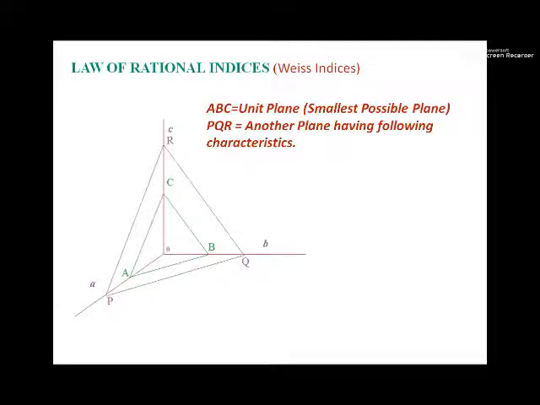That this plane is the unit plane, because you take a unit A distance from the origin to draw this point, you take B distance from the origin to move to the point B, and you take C distance to move to this point C. So this ABC plane is basically the unit plane, or the smallest possible plane for a coordinate system specified by these ABC units of cell length, or unit of movement along three directions.